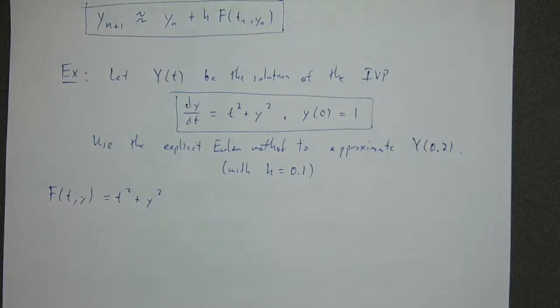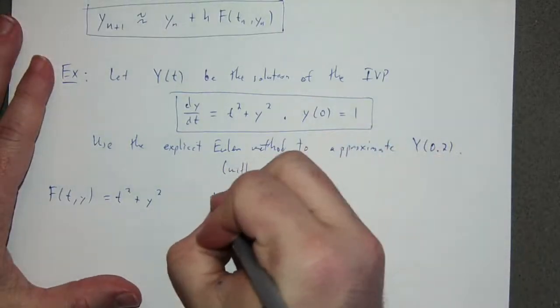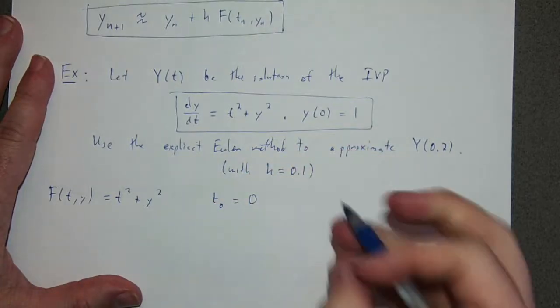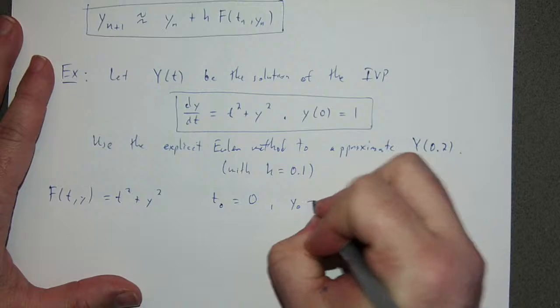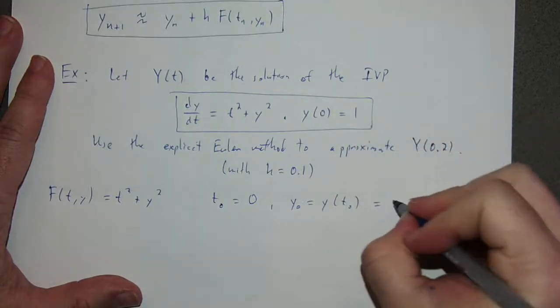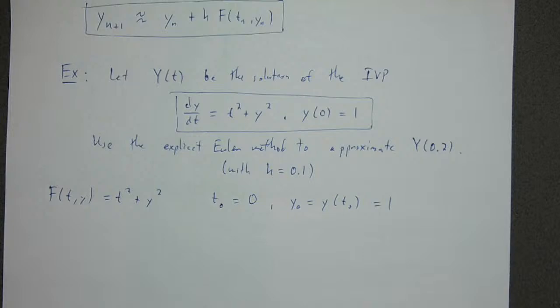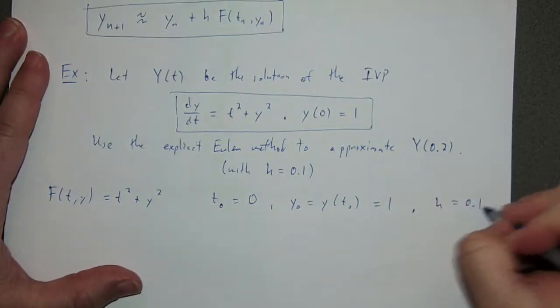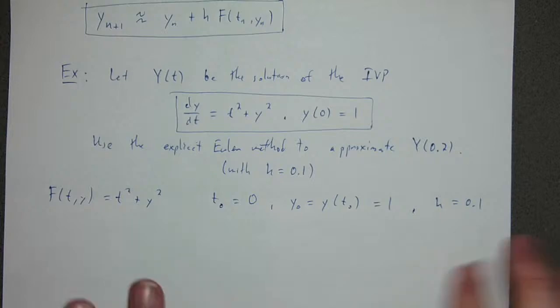And in this example, t naught is equal to 0, y naught, which is y of t naught, is equal to 1, and h is equal to 0.1. So now I have all the quantities that I need to get this process rolling.